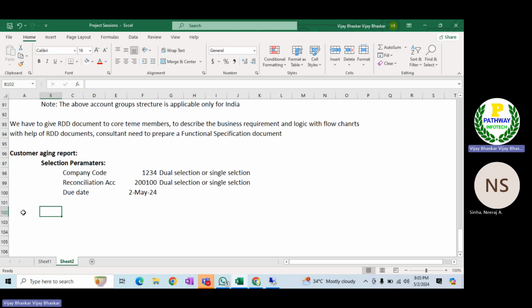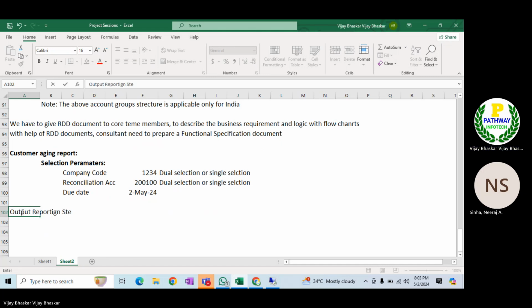Let's say the output reporting structure. How will the output reporting structure be? In the first column, company code should appear. Then customer number, let's say the customer name.